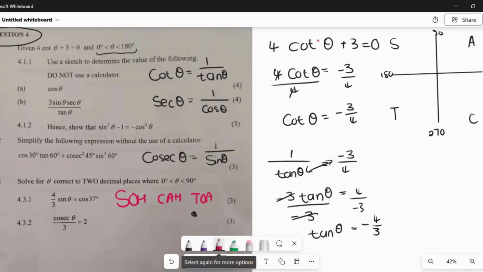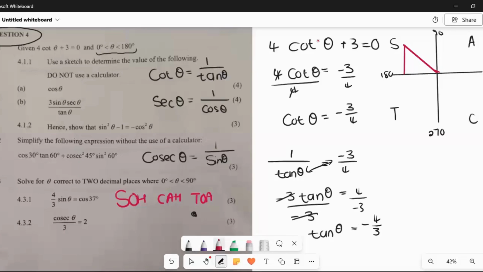So we're going to draw our triangle on our second quadrant. And then we're going to have our theta there. And then remember, SOHCAHTOA.